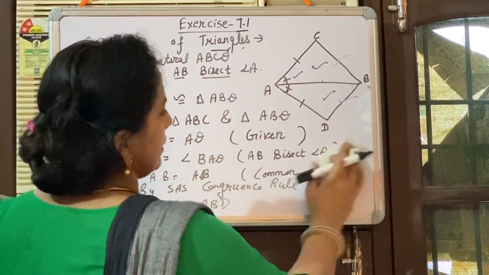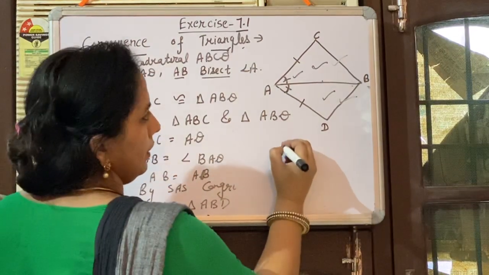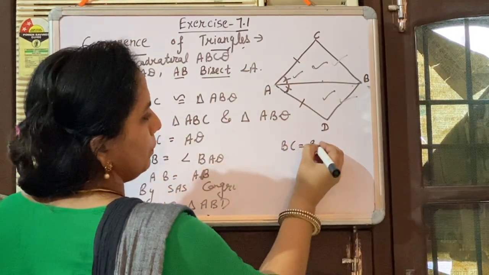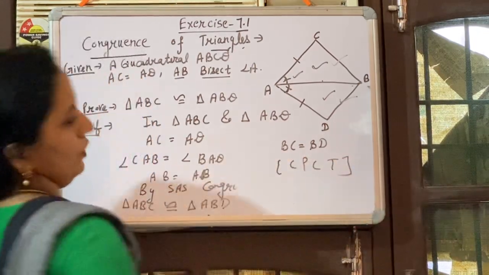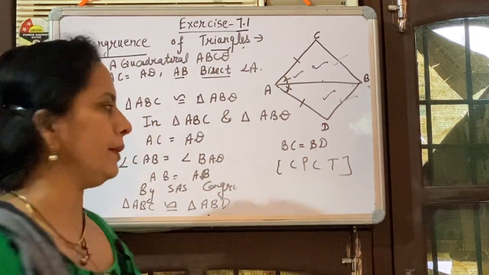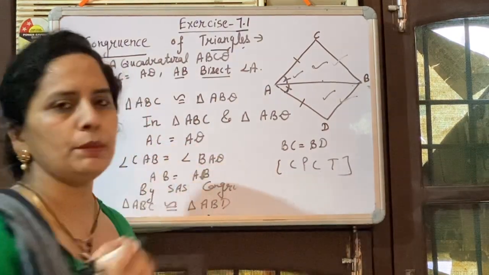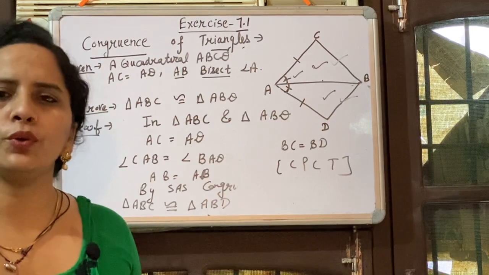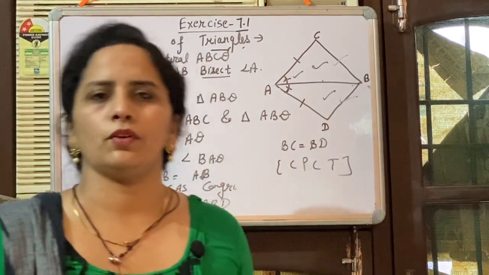Here the reason will be these two sides are equal. BC is equal to BD. Reason is CPCT. What is the full form of CPCT? Corresponding parts of congruent triangles. That means if two triangles are congruent, then its remaining parts will be equal.